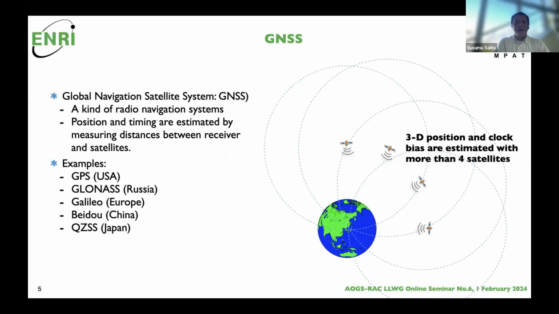And there are a number of constellations: GPS from the United States, GLONASS from Russia, Galileo from Europe, BeiDou from China, and also Japan operates the QZSS.